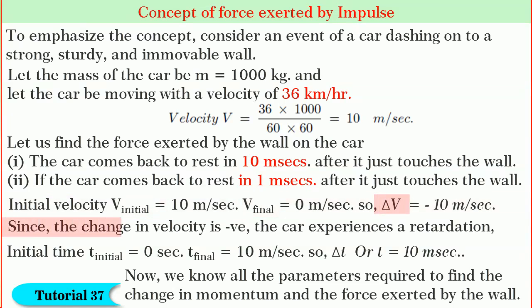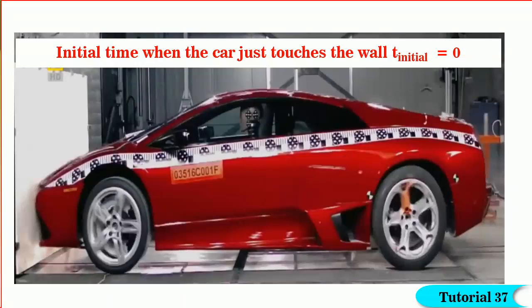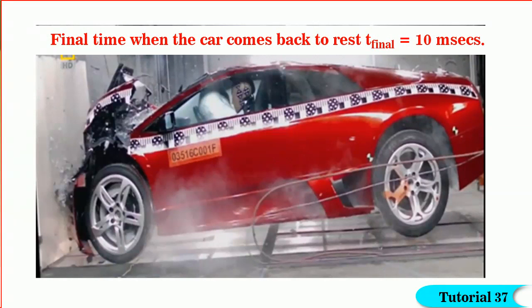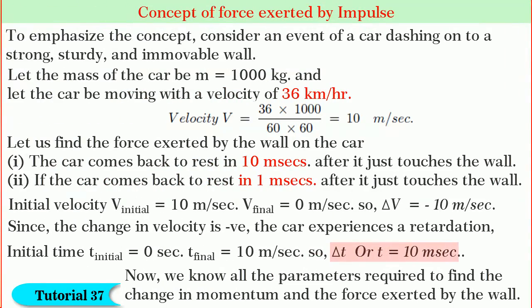Change in velocity is negative because it is retardation. This you know. Similarly, initial time when just the car touches the wall, t initial is equal to 0. Final time when the car comes to rest, t final is equal to 10 milliseconds. So, the change in time t is equal to t final minus t initial, which will give us 10 milliseconds.